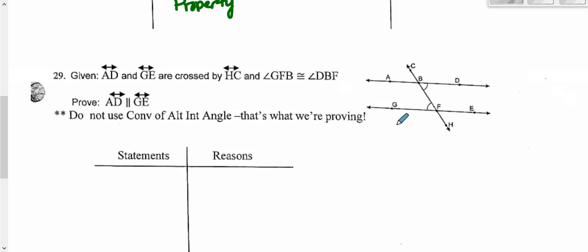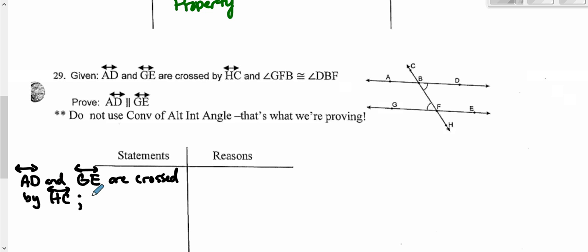So in other words, what we need to do is write our given. So we're going to say here that line AD and GE are crossed by line HC.